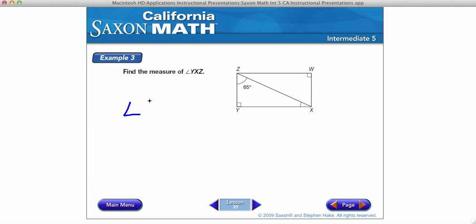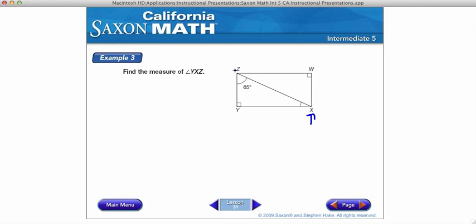Then when we see 3 letters, that means we start at the first one, then we move to the second one, down here, and then we go from there up to the third one. So it means that I'm actually looking for this angle right here.